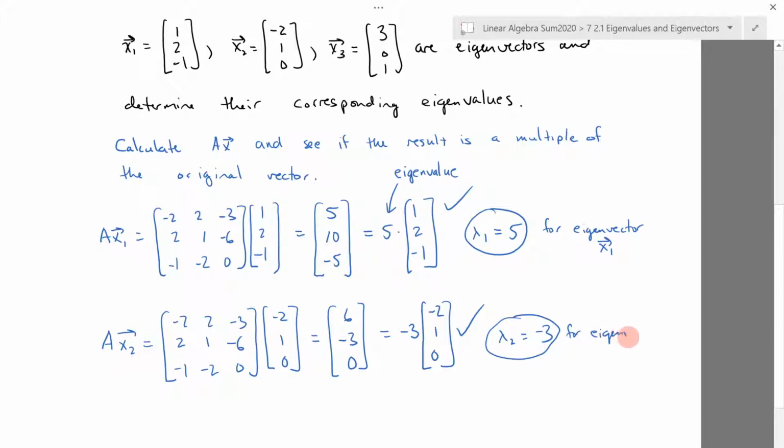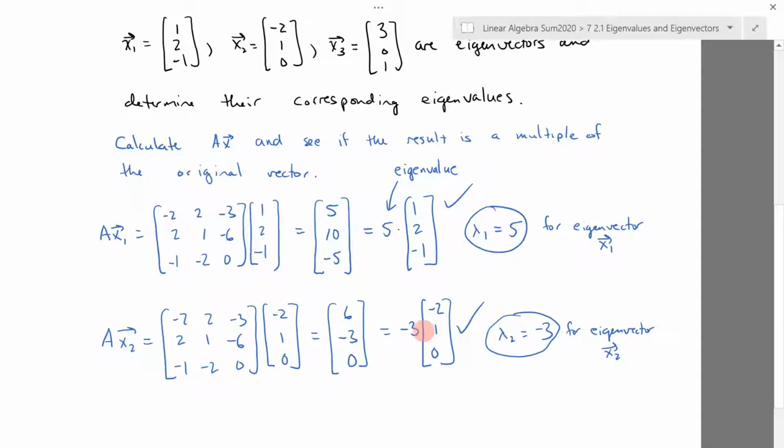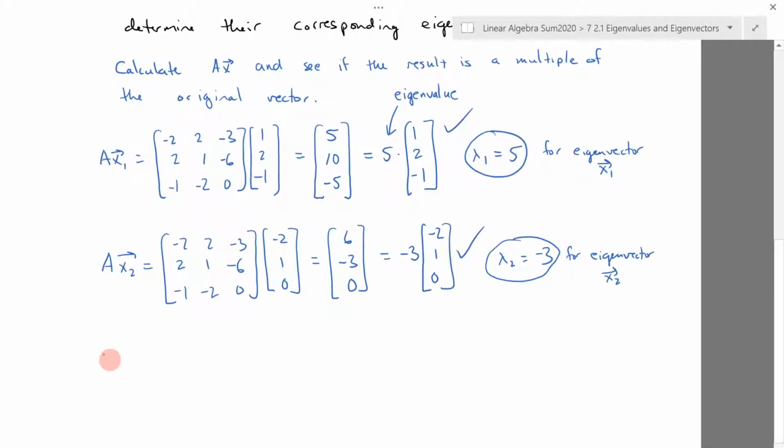For eigenvector x2. Okay, so finally we verify the third vector.